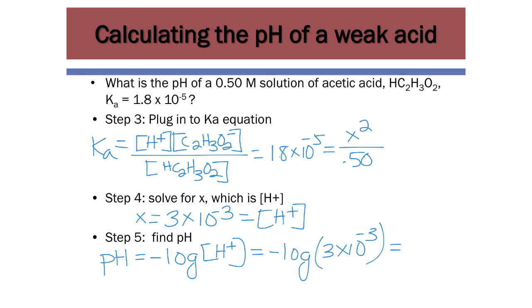So we plug that into our calculator and we get 2.52, which makes sense because we have an acid, so obviously we have to be in the acidic range. This is a weak acid, so we should not be ending up with a pH of around 1, so 2.52 makes sense based upon our starting values.